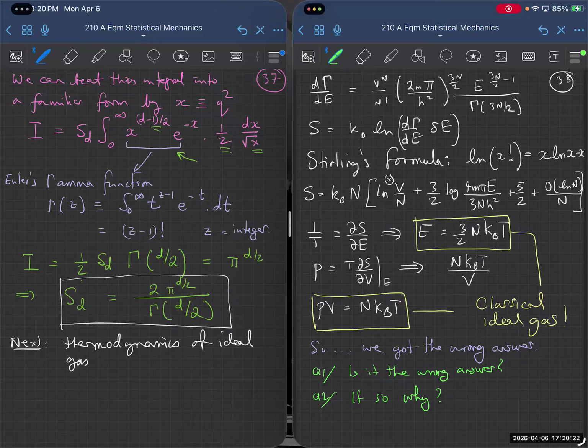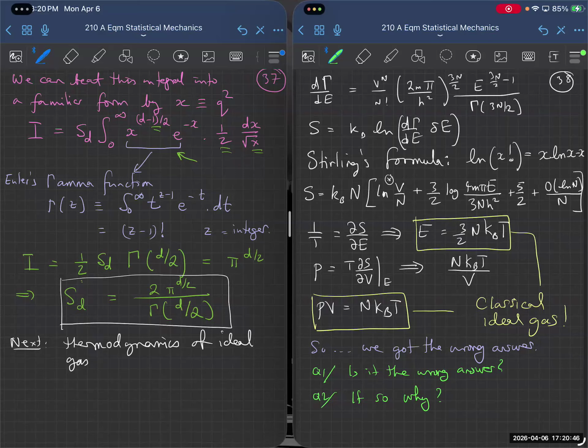Okay, let me just, you already know? No. Okay. So remember that we're doing the quantum ideal gas. These are ideal particles, but they are identical particles. A light bulb went on down here, right?